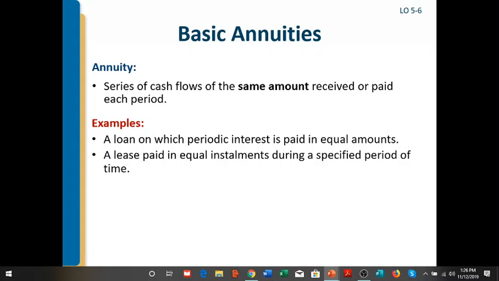If you've ever gotten a car loan or a home loan, the payments are the same for the whole time you're paying on it, and it's usually monthly. Also, if you lease, those are payments that, well, at least as far as contractually, stay the same each month until they raise your rent.